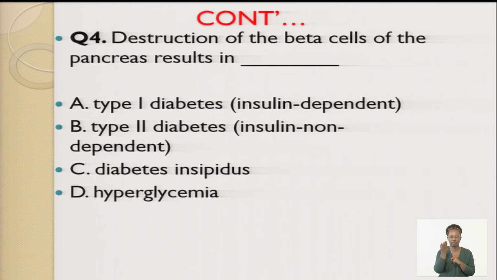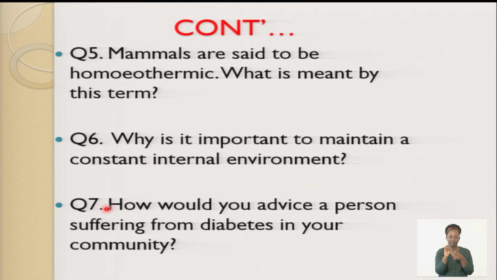Then we have another number: the destruction of beta cells of the pancreas results in a dash. We have type 1 diabetes, which is insulin-dependent diabetes; type 2 diabetes, which is non-insulin-dependent diabetes; diabetes insipidus; and hyperglycemia. We have the last number.